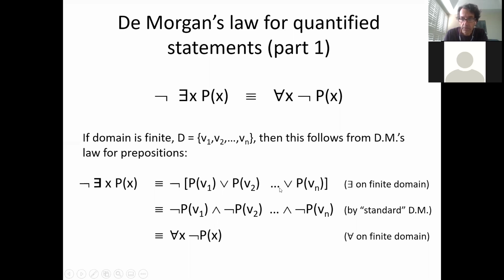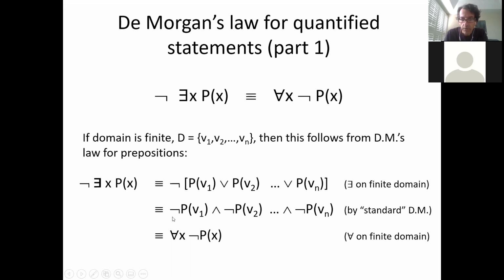Now by the standard De Morgan law, when is a disjunction not true? The only way a disjunction evaluates to false is that all of these are false. So to state that this disjunction is false is to state that all of these are false. That's the standard De Morgan law.